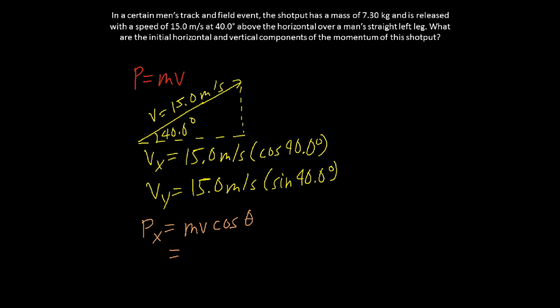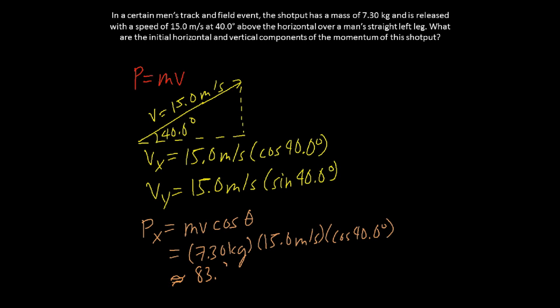That will be 7.30 kilograms, that is the mass of our shot put, then 15.0 meters per second, the cosine 40.0 degrees. Now computing for that will give us approximately 83.9 kilogram times meters per second, our unit for the momentum.